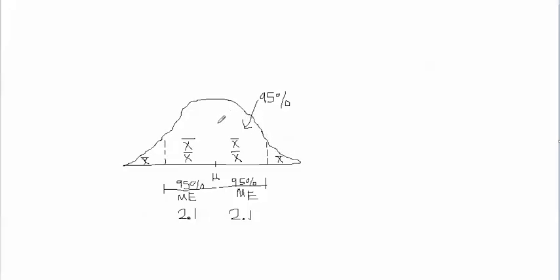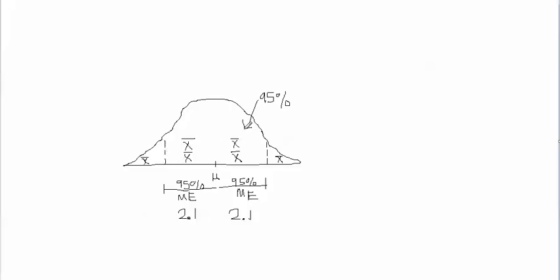And since you know that the samples are normal, what you can do in that situation is calculate the 95% margin of error, which tells you the distance from the population mean that you're estimating to these two boundary points.